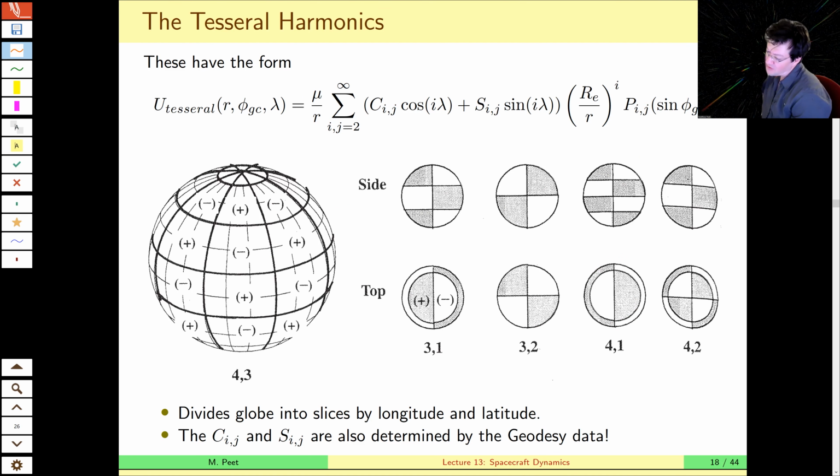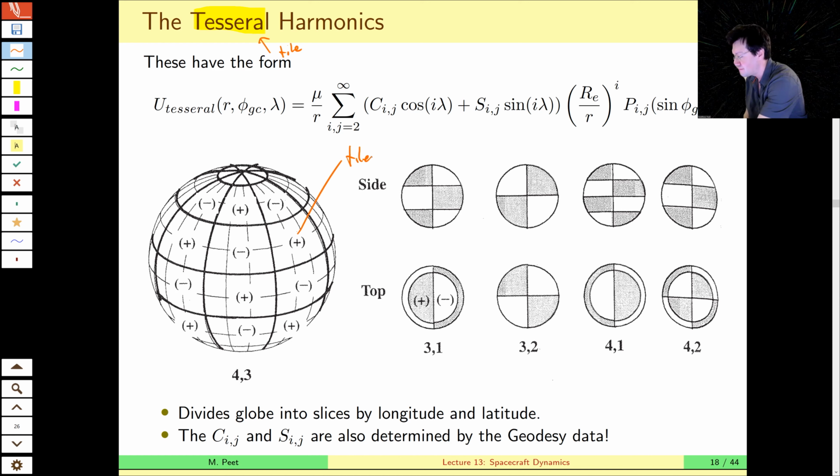And finally, we have the tesseral harmonics, from the Latin tessera, which means tile. They're called tesseral harmonics, obviously, because they look like tiles. So these are the ones that vary significantly with both latitude and longitude.